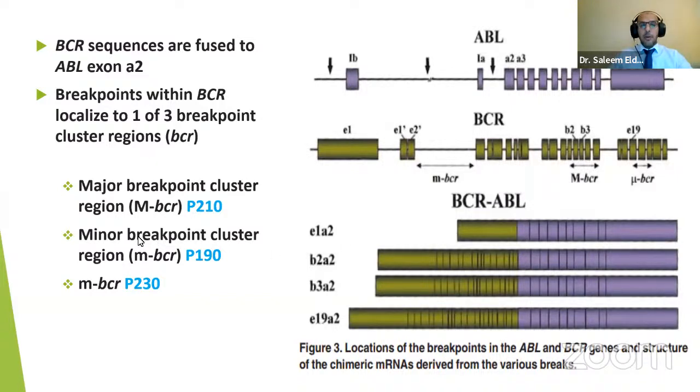The minor breakpoint cluster region results in the P190 fusion protein, which is found in 2/3 of patients with Ph positive acute lymphoblastic leukemia and a minority of patients with CML. And the E19A2 fusion, which results in the P230 fusion protein, is found in some cases of chronic neutrophilic leukemia.